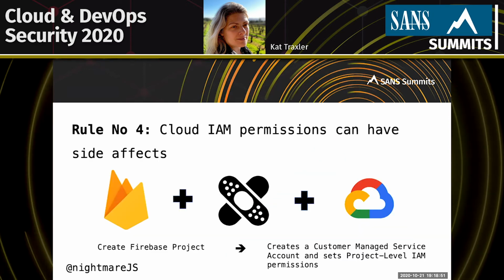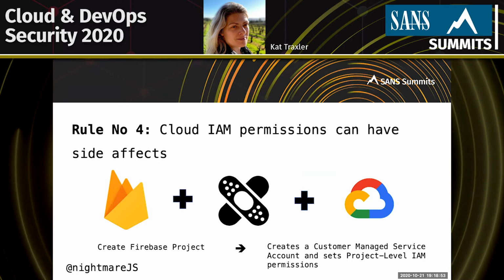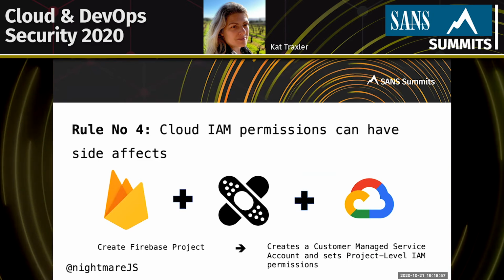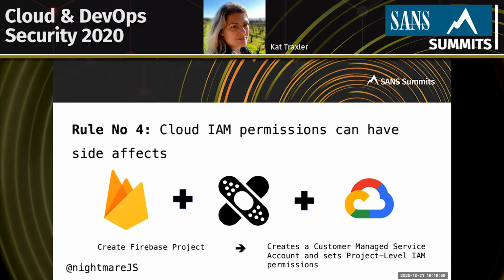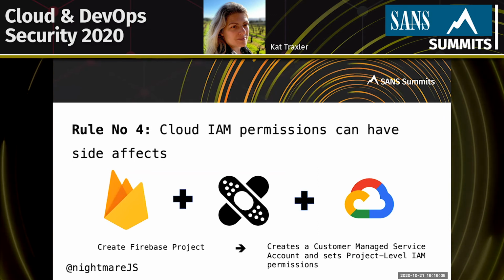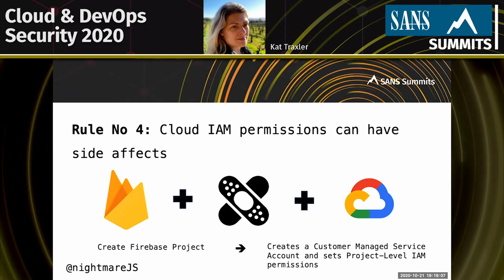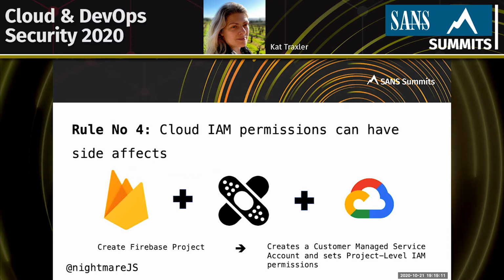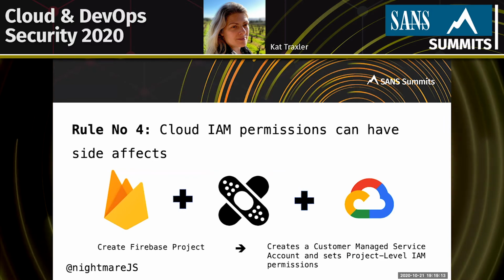Some of the bugs that pop up in GCP aren't so clearly about privilege escalation, but more about side effects. The idea that if a user holds one permission, the execution of that action will trigger something unexpected in the platform.